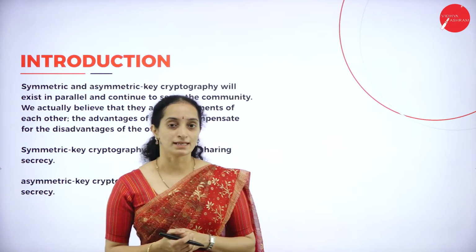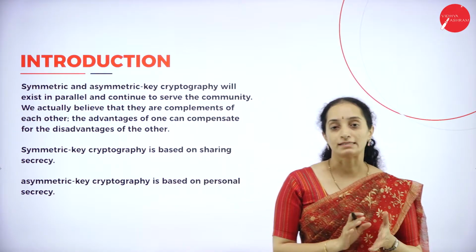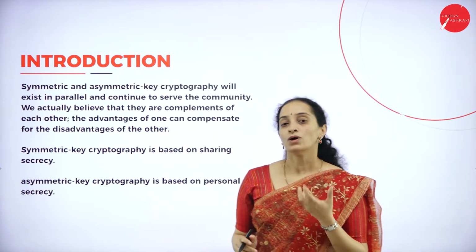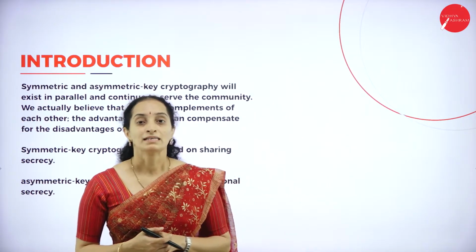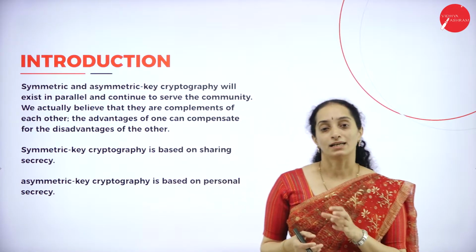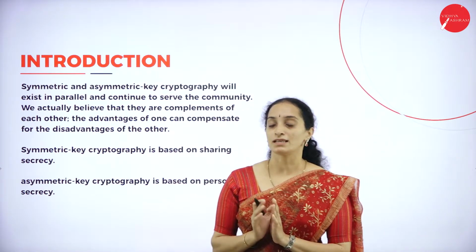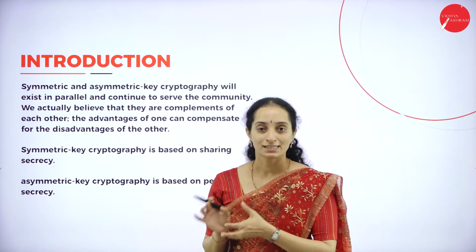But in asymmetric key cryptography, it is about the receiver. Receiver is the one who generates the key and transmits the key to the sender. Now, receiver is responsible for generating as well as transmitting the key to the sender.